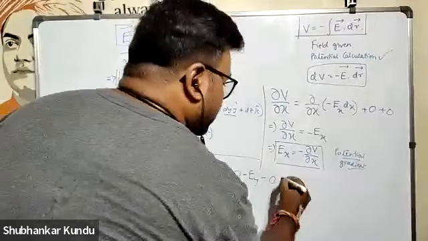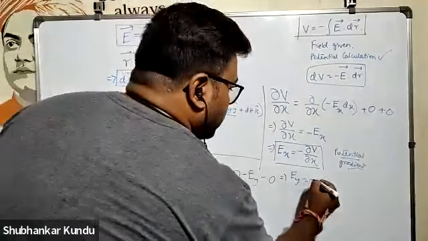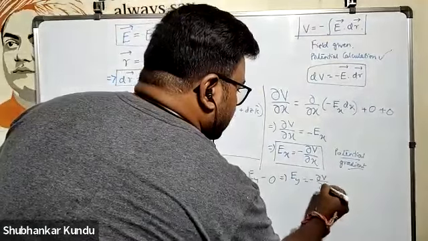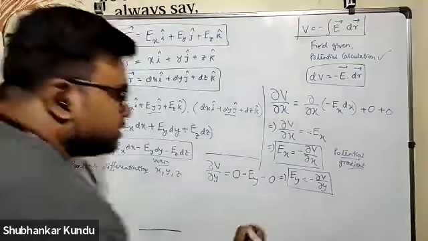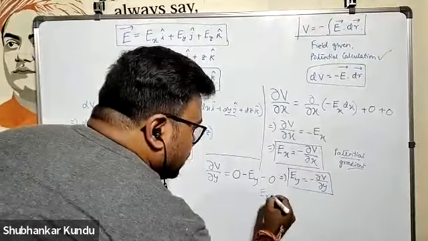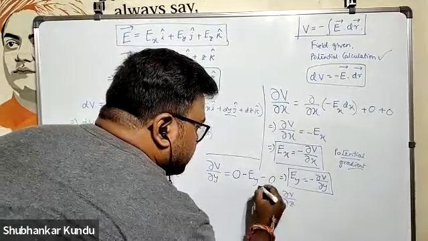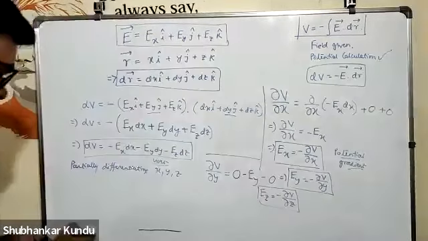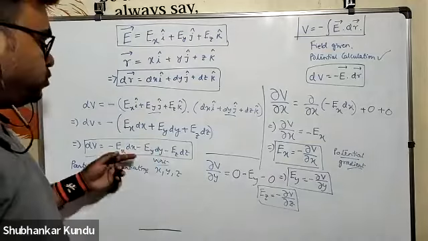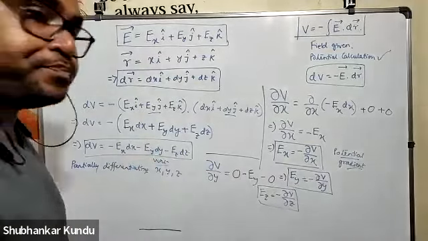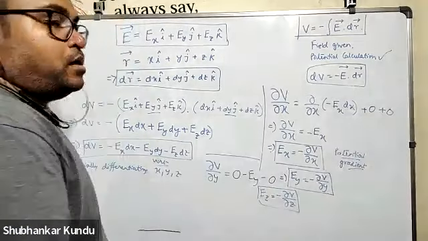So ultimately I'll have E along y is equal to minus del V del y. And similarly, we can say that E along z will be minus del V del z. Again, partially differentiating with respect to z, the x and y terms will appear as constant, 0, 0. And this will be minus Ez. Clear? Okay.